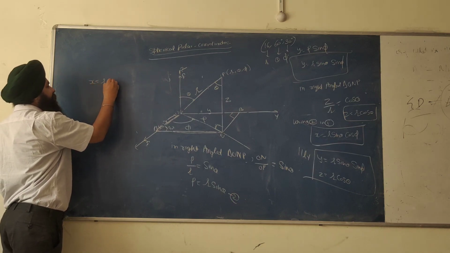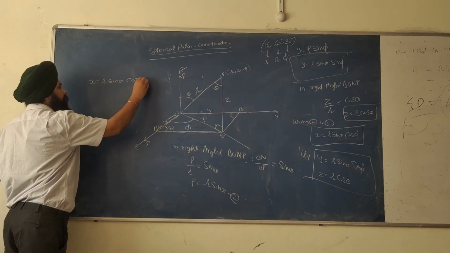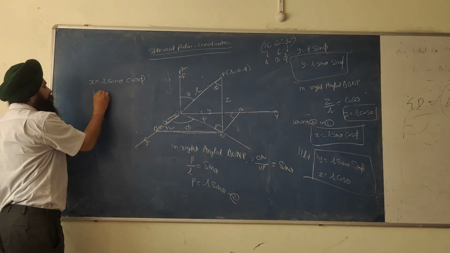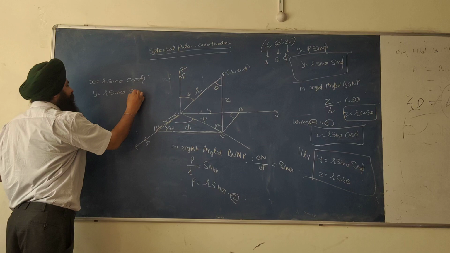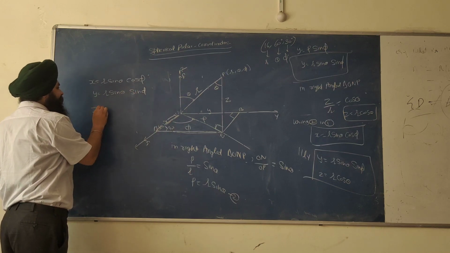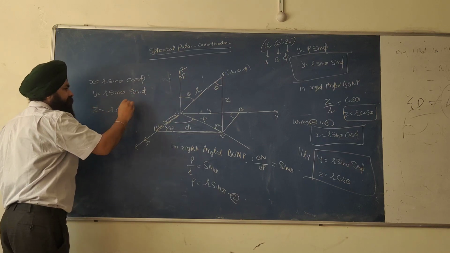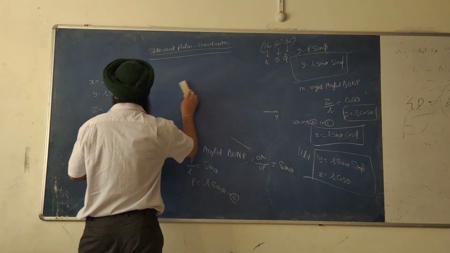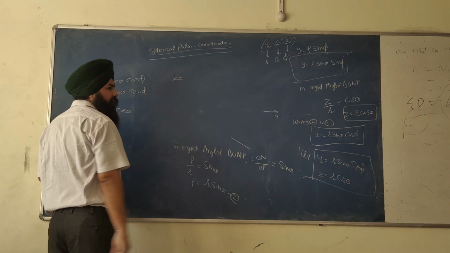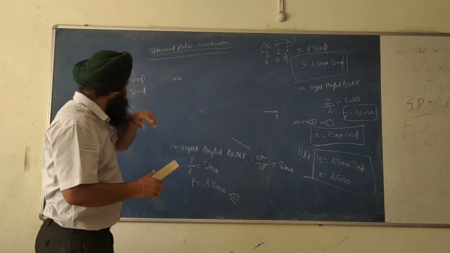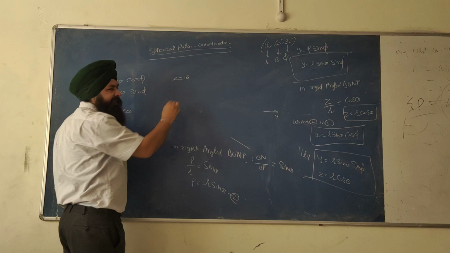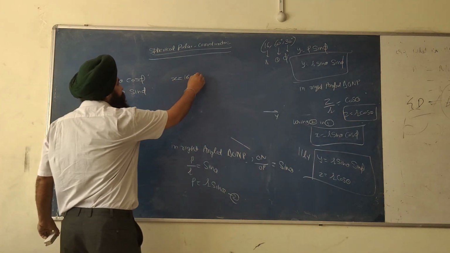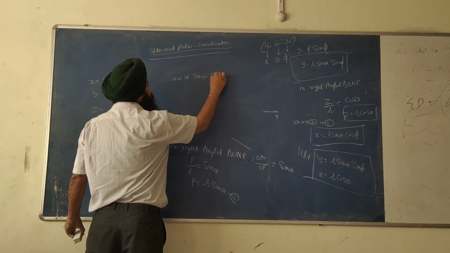x is equal to r sin theta cos phi. y is equal to r sin theta sin phi. And z is equal to r cos theta. Calculate it. x is equal to r, which is 16, sin 60, cos 30.